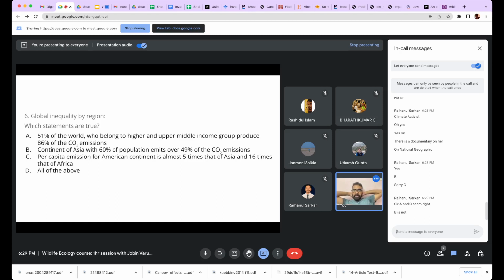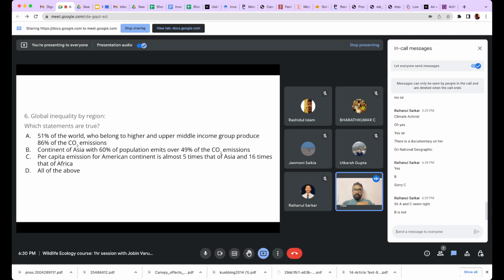Which is the country that gives off the most emission? Which is the country that gives off the least emission? That kind of thing. But this is not just based on the country; it's also based on the income group of the people of the world. So they're both accounted for in this question.